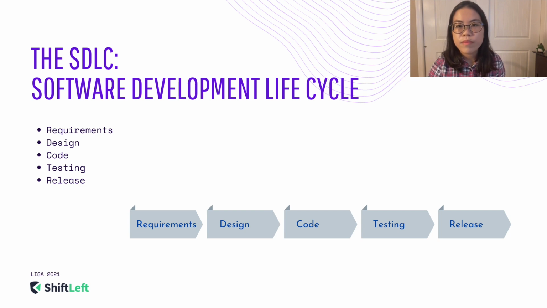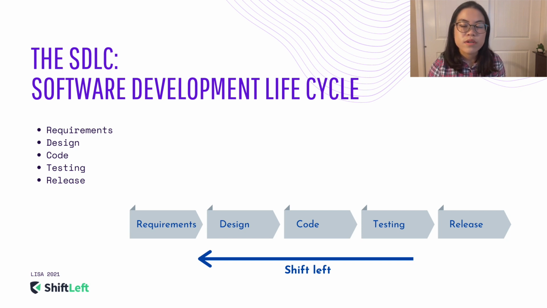This is what people mean when they mention shift left. Shift left means to perform security testing and checks earlier rather than later in the SDLC. So instead of integrating security tests into only the later phases of software development, like testing and release, we should also incorporate them into earlier stages of requirement, design, and coding.